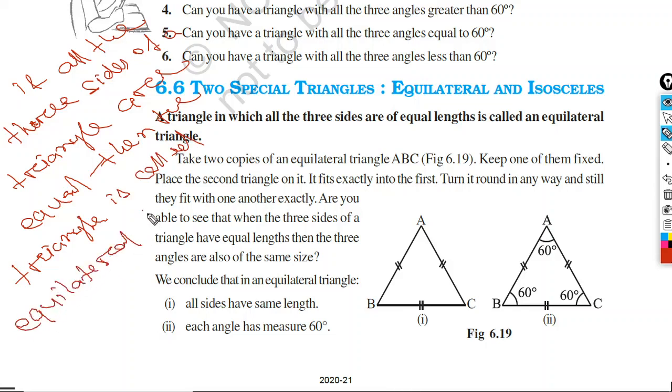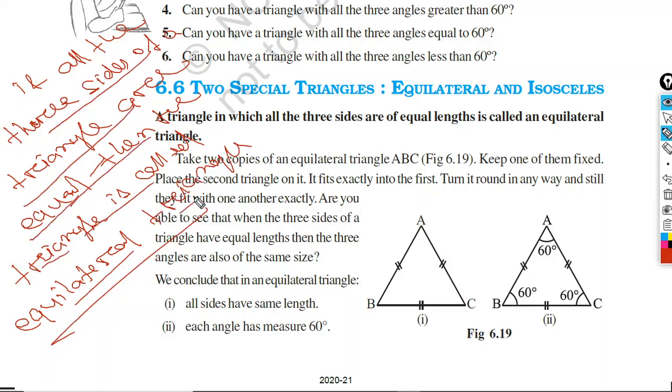Equilateral, equilateral triangle. So if all the three sides of a triangle are equal, then we call the triangle as equilateral triangle.